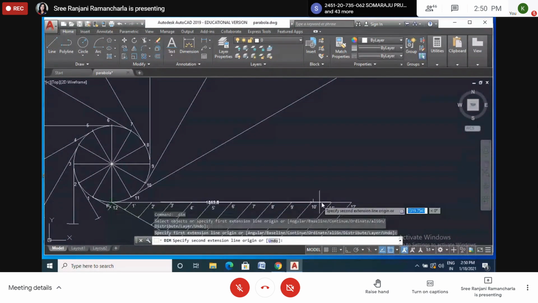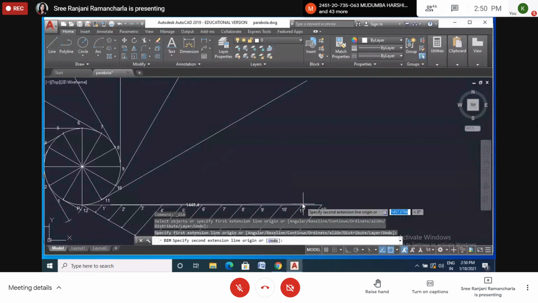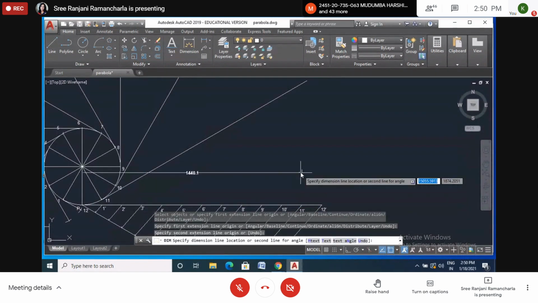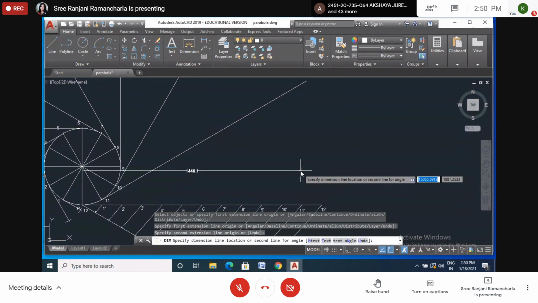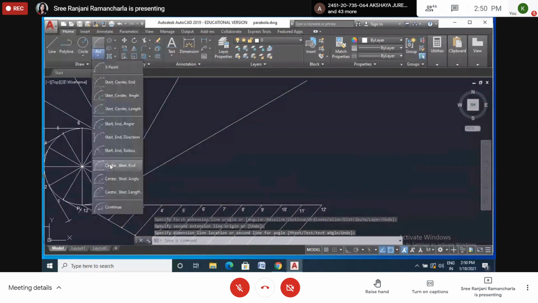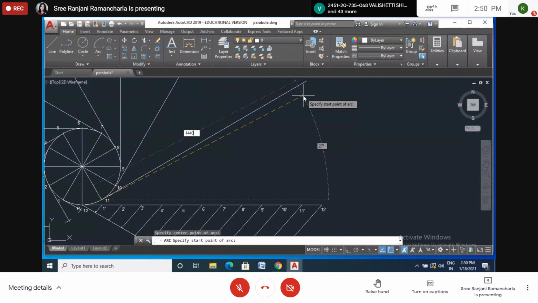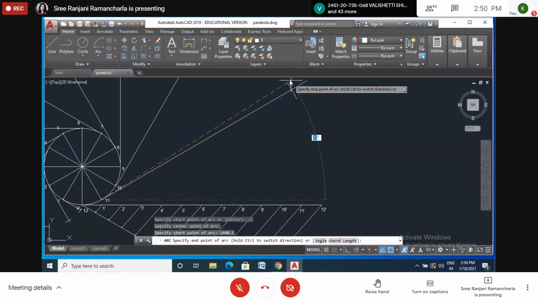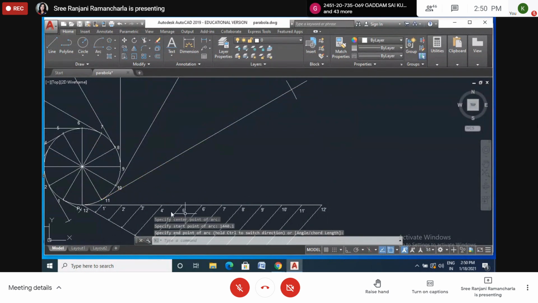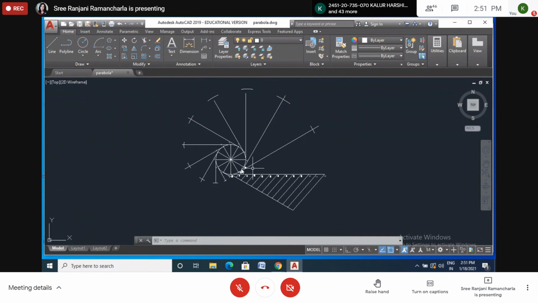From here to the 11th one. The 11th one, right? So this length is 1440.1. So of course this is the 12 length, same length, so not required here. Okay, now join with your free hand.